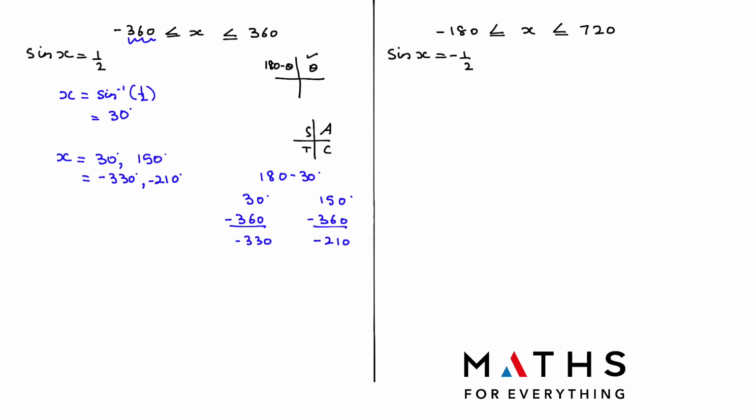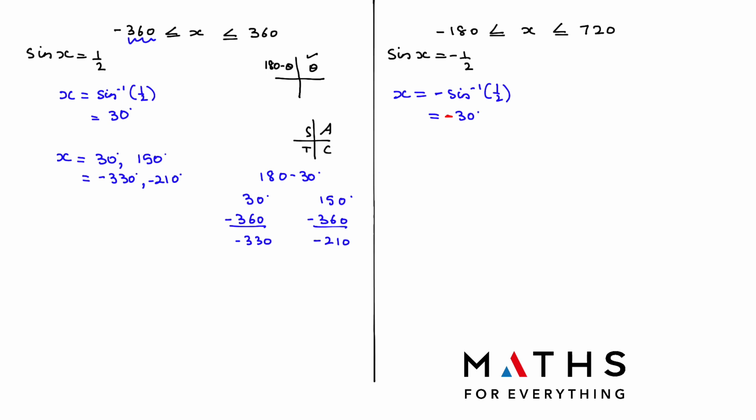In the second example, our limits are from negative 180 till 720, and the value of sine x is negative. When we write inverse sine, do not put the negative in the calculator. Write sine inverse half. This will give you 30.